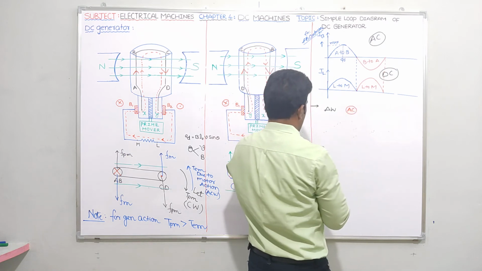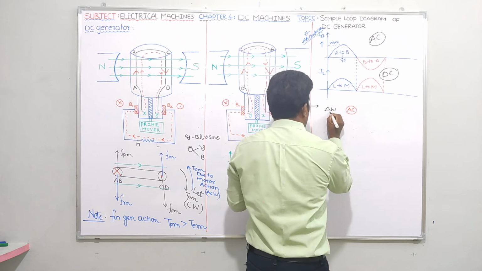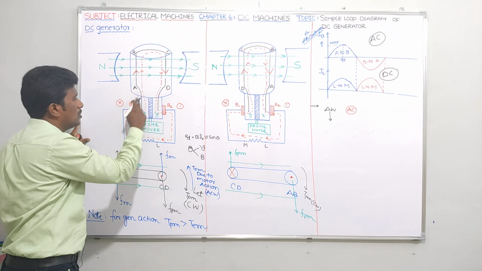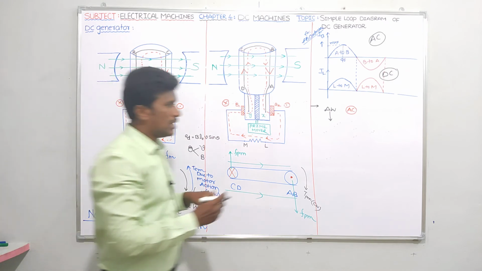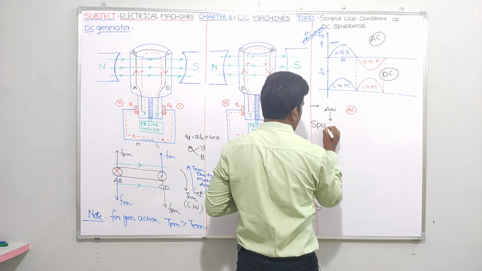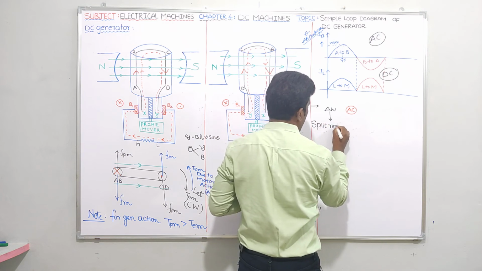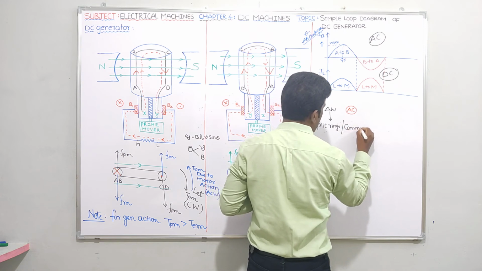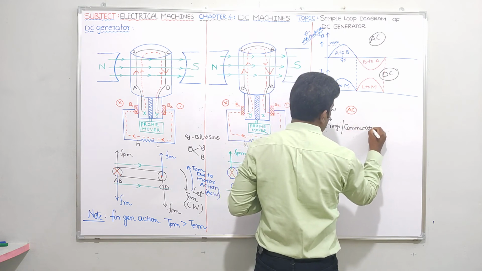Next, from the armature winding, supply will go to whom? From the armature winding, supply will go to split rings. Let me write here: split rings or commutator segments.